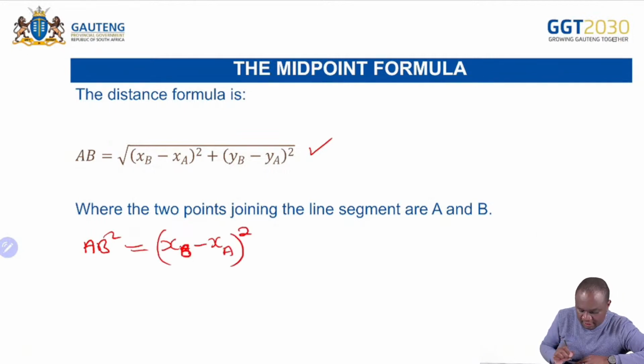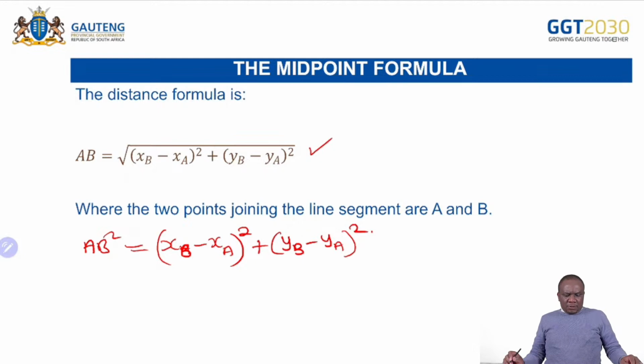You can say XA minus XB is still okay, and then YA minus YB, still okay. Okay, please write this. Let me give you 1 minute to do that.